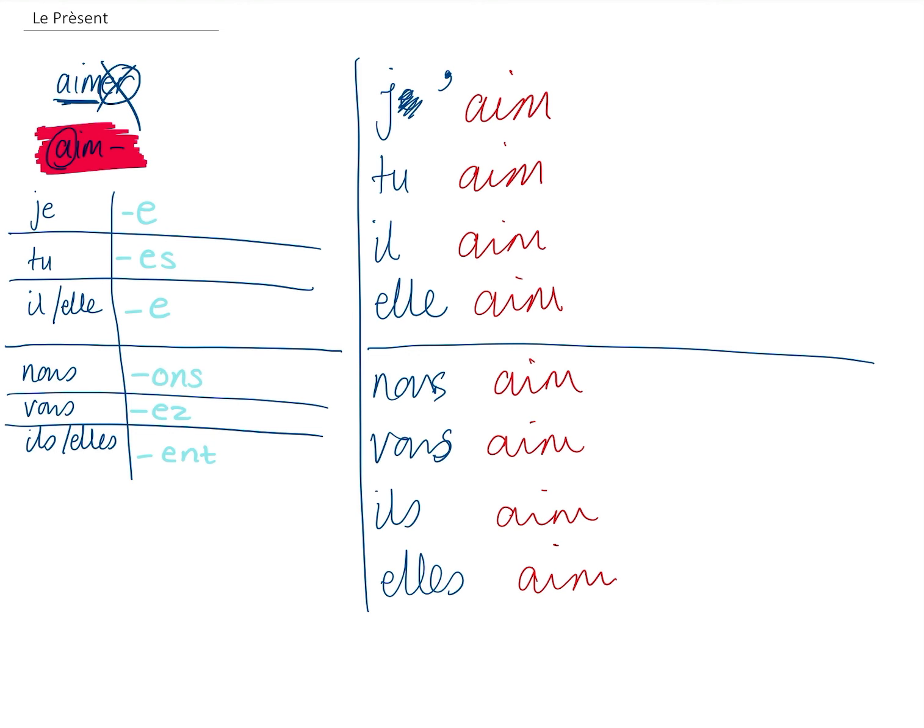Then we add our endings. So we have E, ES, E, ONS, EZ, ENT.